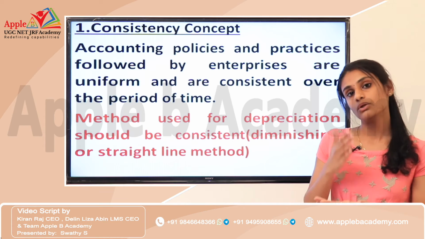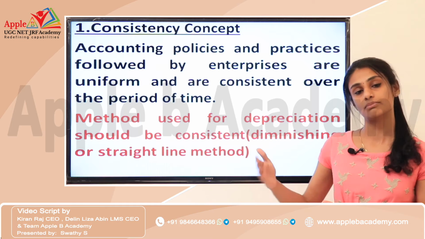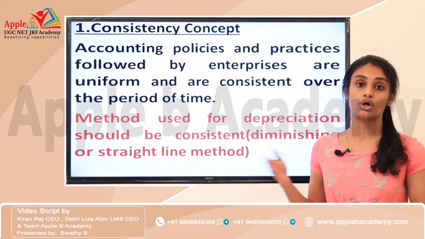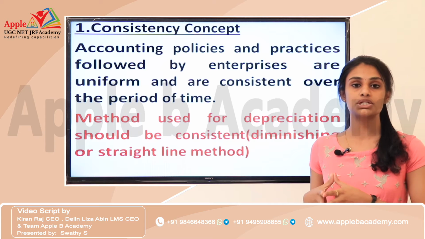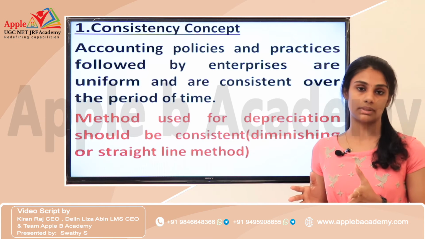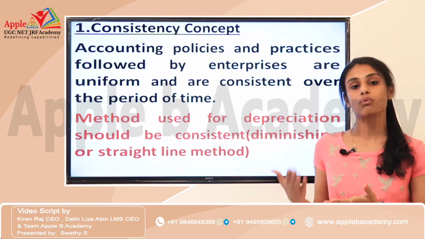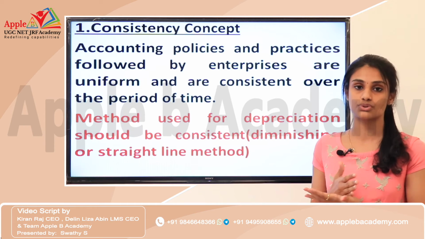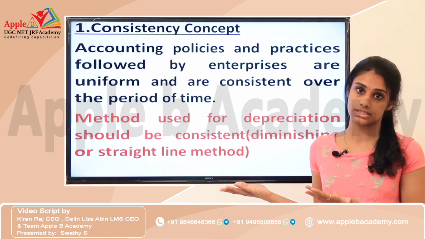But when your business is using the diminishing method, you have to follow the diminishing method in future periods also. You are not able to change it year by year. That is, if this year you follow the diminishing method, then in the second year you use the straight line method, it is not allowable. Whatever you used in the first year, you have to continue with that itself.